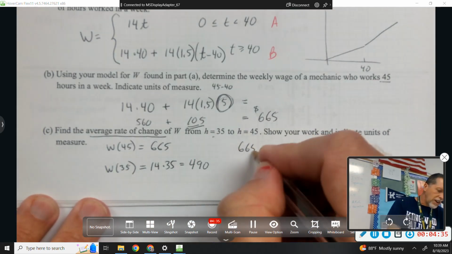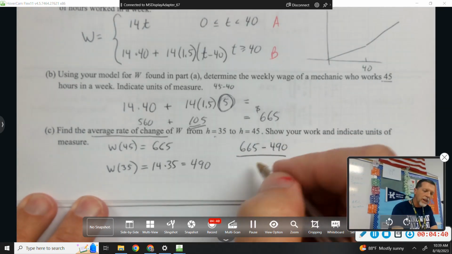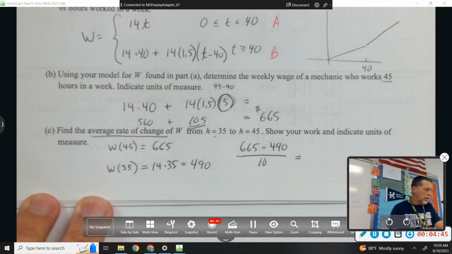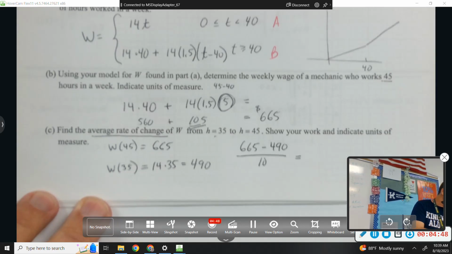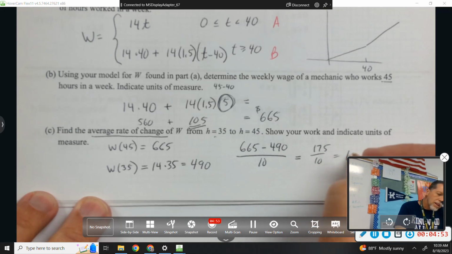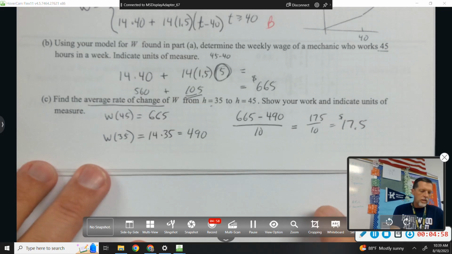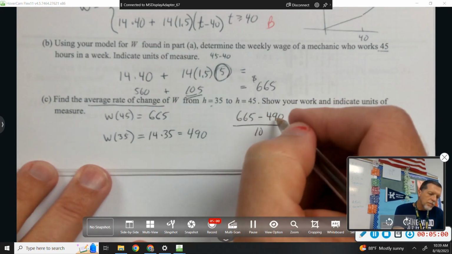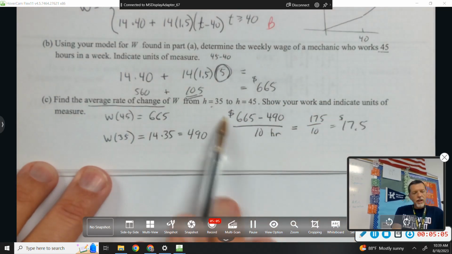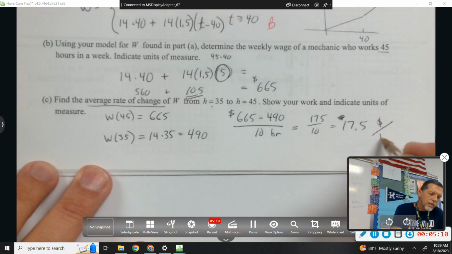So average rate of change is change in Y, or change in wage, over change in hours. $75 divided by 10 equals 17.5. Units of measure: the top number was dollars and the bottom number was hours. So if we divide dollars by hours, it's $17.5 per hour.